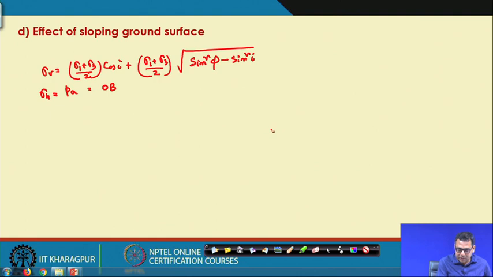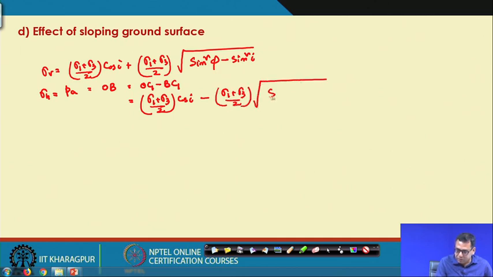So, I can write OB is equal to OC1 minus BC1, and again OC1 is sigma 1 plus sigma 3 divided by 2 into cos I. I have already written this, minus BC1, which is sigma 1 plus sigma 3 divided by 2 root over sin square phi minus sin square I.